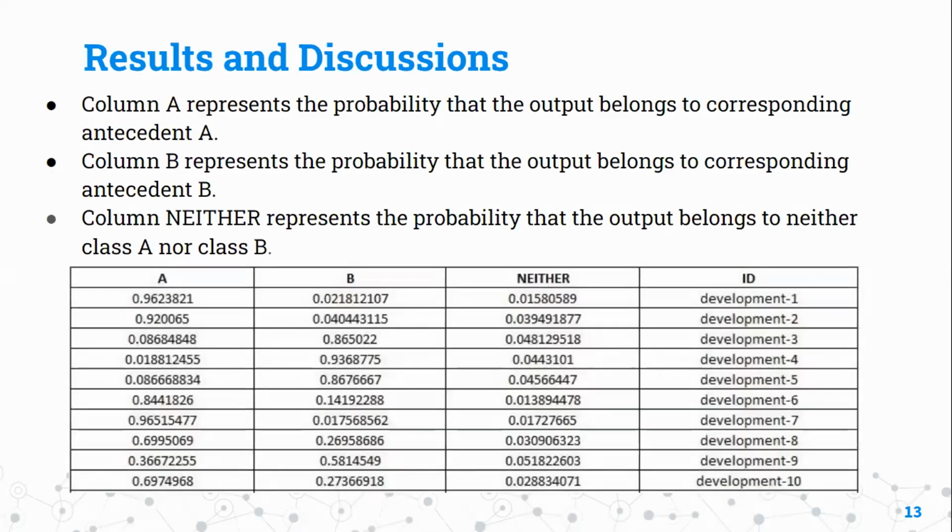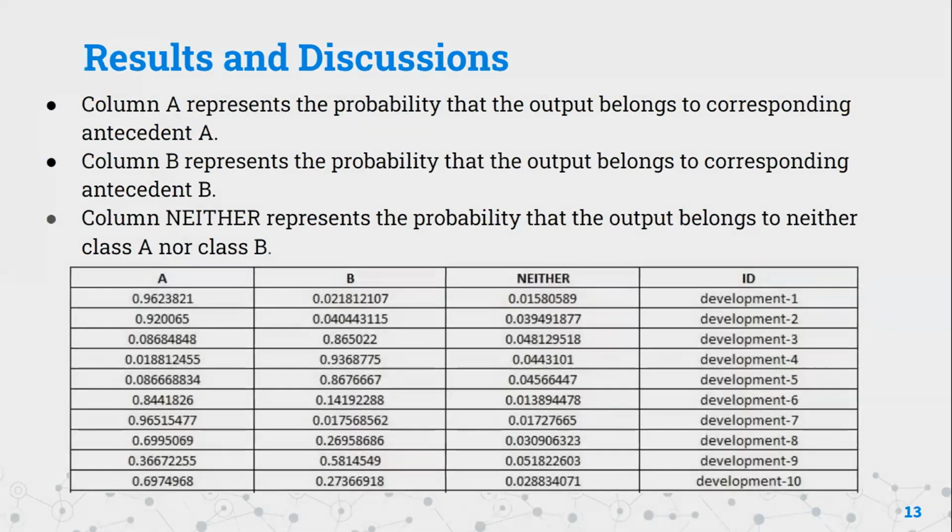And coming to the results and discussions, here is the snippet of the output file that we obtained. Column A and column B contain the probability values which determine whether the output belongs to antecedent A or antecedent B, and column Neither represents the probability that the output belongs to neither class A nor class B. The class with the highest probability value is selected as output.